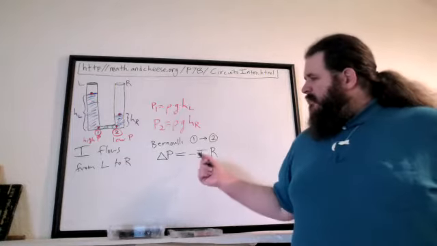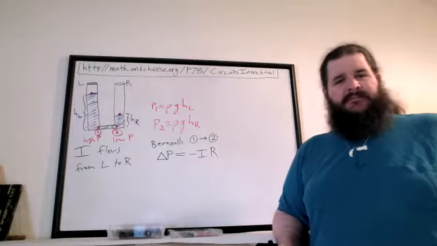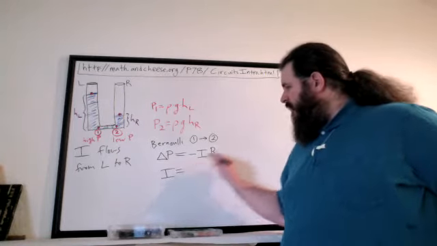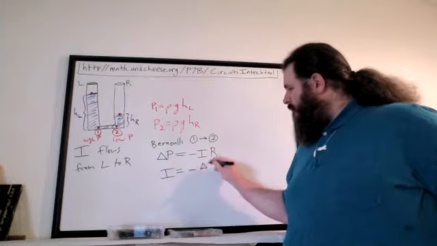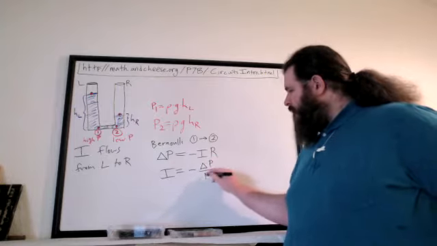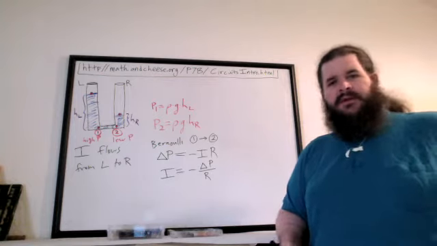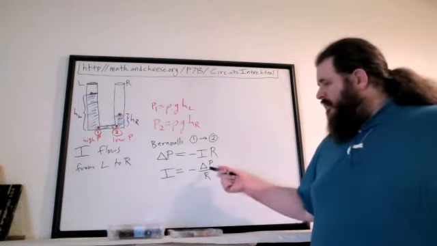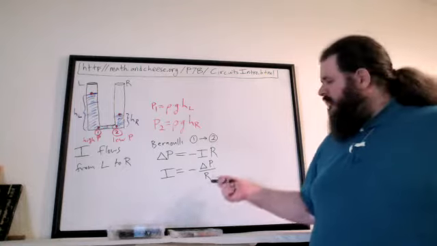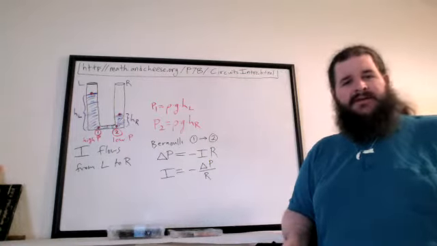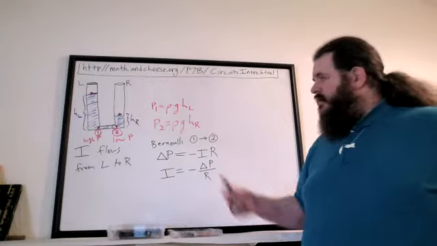We want information about how fast the current is flowing, so if we solve for current here, just by dividing both sides by -R, we get an expression for how fast current is flowing. But ideally, it would be nice to fill in more detail for delta P. Resistance is just going to be some constant associated with the flow pipe, so we don't need to worry about that too much. But how can we write out our delta pressure here?